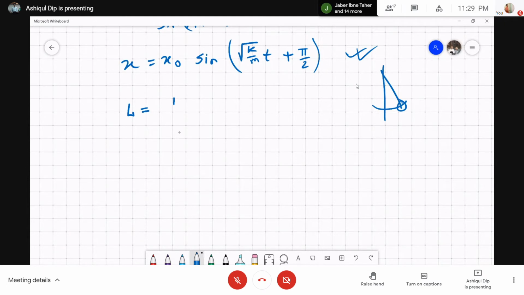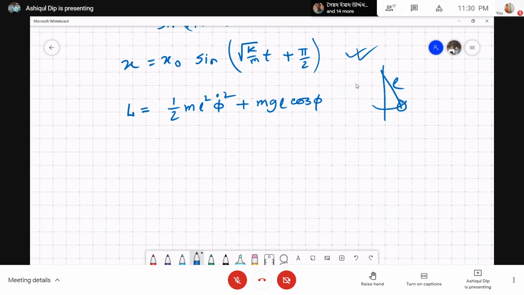Half m L squared phi dot squared, where L is the length, plus m g L cos phi. Is it cos or sine? Yeah, cos phi.